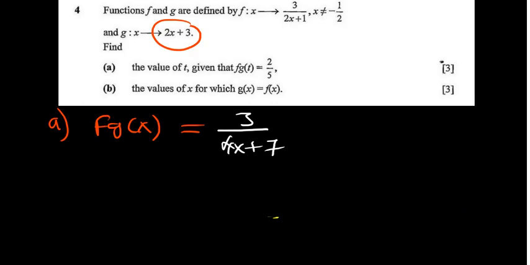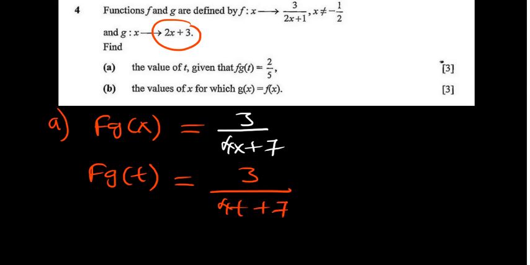Now for us to find the value of t, we are told f of g of t, which means you're now going to put a t where there is x. So we're going to have 3 over 4t plus 7. Now we are told this is equal to 2 over 5. So we've come up with an equation now that we can solve. Cross multiply.